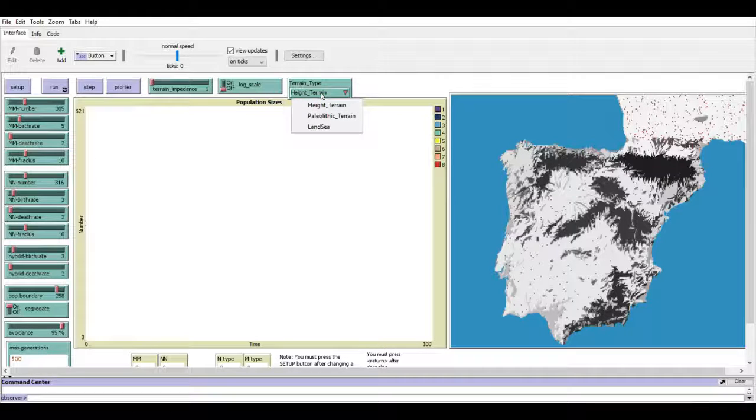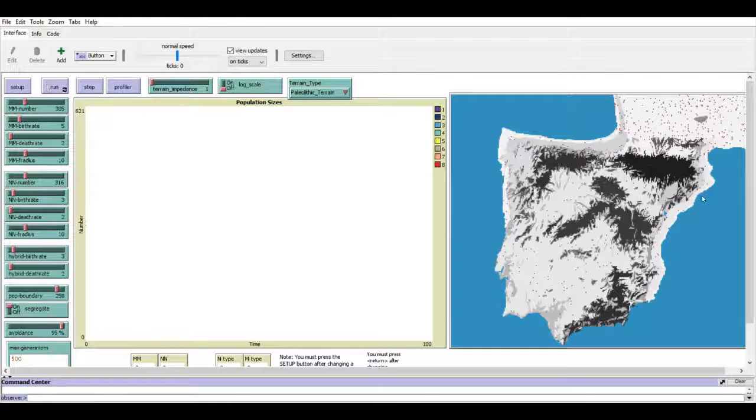Future work that would be interesting for this model would be to develop a more realistic Paleolithic terrain map. Again, the map here is an approximation, and another interesting feature would be to add preferential movement so that agents choose to move into directions that are easier rather than in a random direction, and additionally adding a second layer onto the map that models the carrying capacity of the specific region.